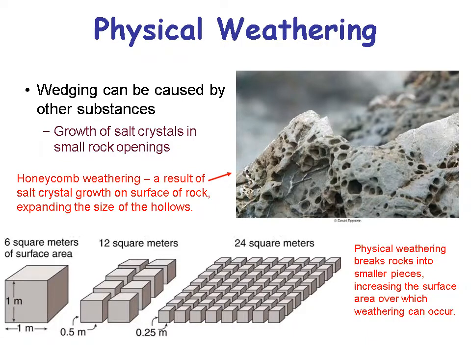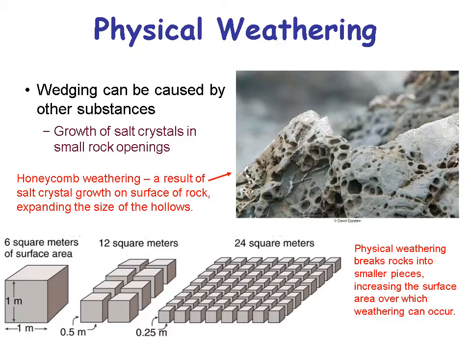One thing that's really important in physical weathering is surface area. If you look at the bottom of the picture, we have the same amount of rock, but if it's all one cube, you get 6 square meters of surface area. Take that same rock and break it up into half meter blocks, and you get 12 square meters.